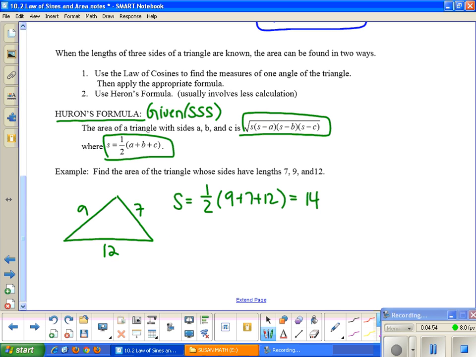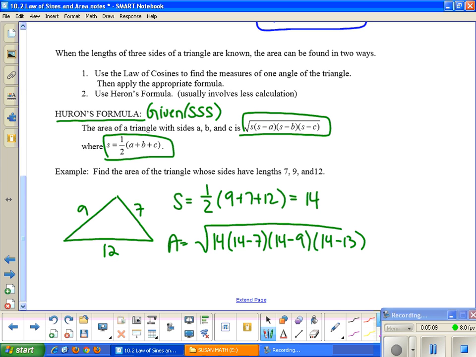Then the area is the square root of 14 times 14 minus one of your lengths, times 14 minus another length, times 14 minus the third length. All you need to do is plug this into your calculator. This is equal to the square root of 980, which is about 31.3. Since we didn't give units, we'll just call this square units.